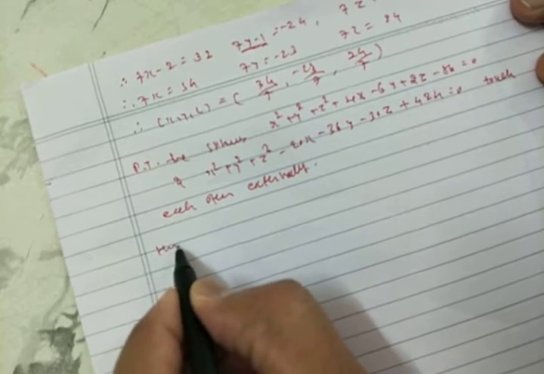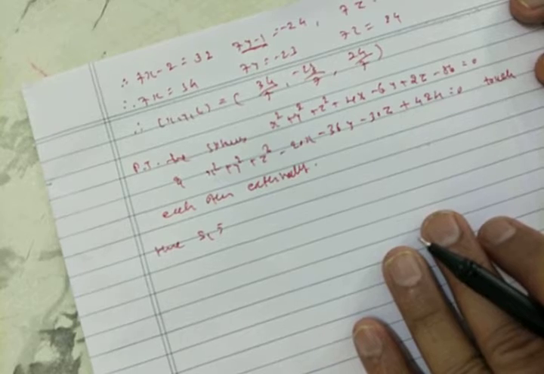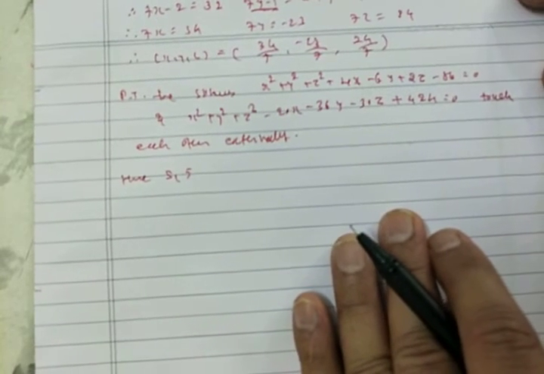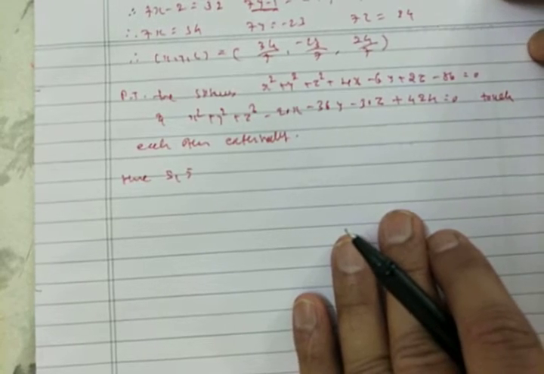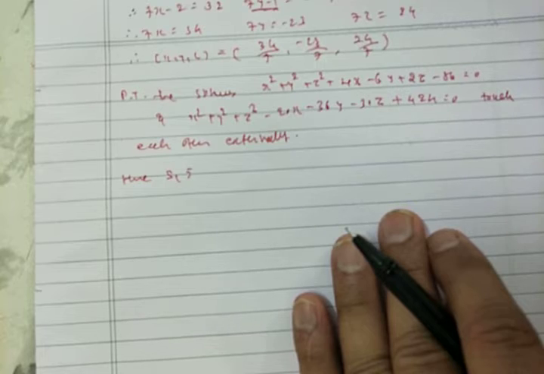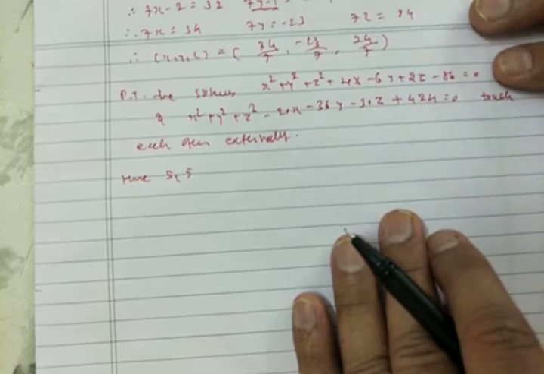Here if externally, we do not need to check any additional matter, there is no need to decide which one is the first sphere and which one is the second sphere. That thing we have to see only when we want to see that spheres touch each other internally.